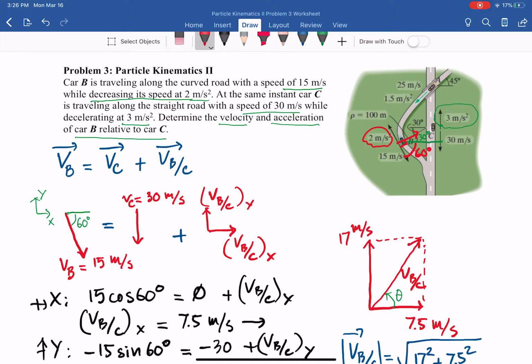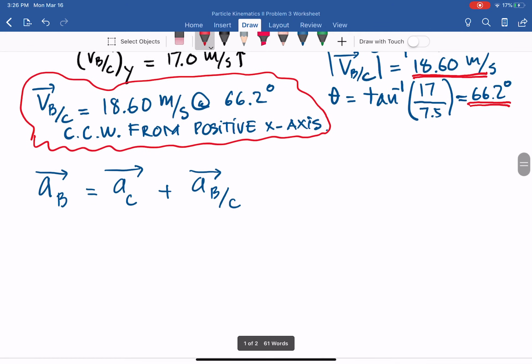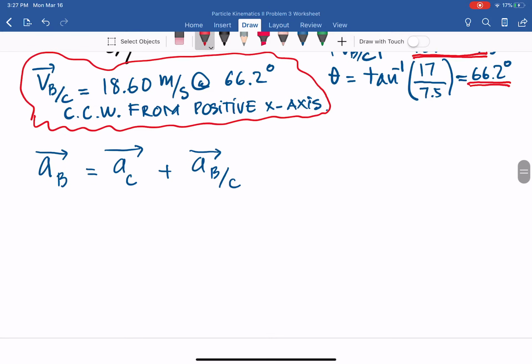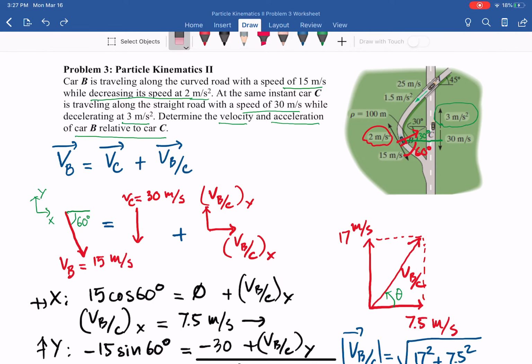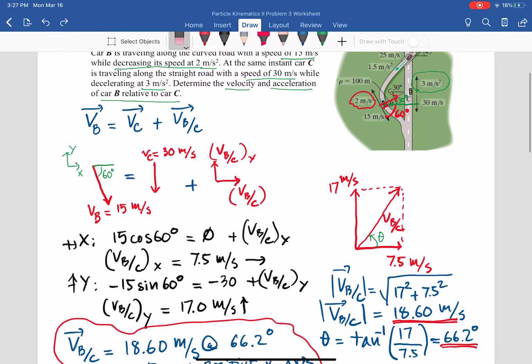Let's show it in the diagram for AB, curvilinear. The first one is ABT, the tangential component, which in this problem is 2 meters per second squared, as you can see there.